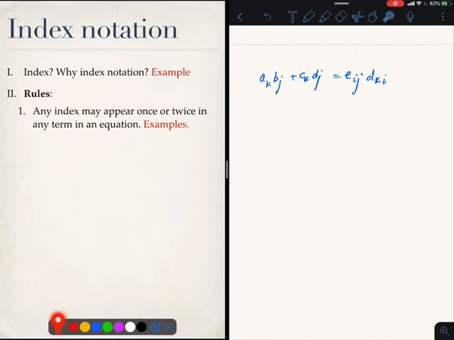And what it says is that an index can appear once or twice, but one can never have a term like this: f_k k k c_k d_j. So this is wrong.